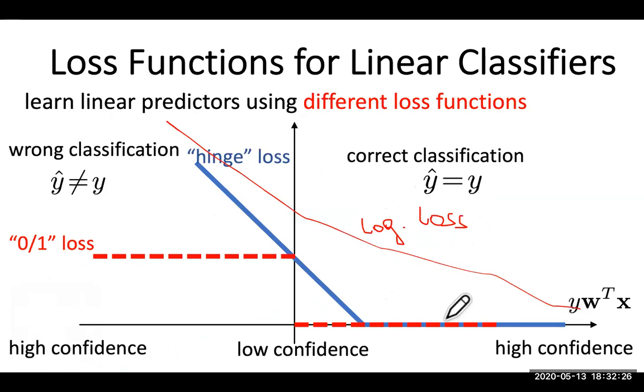Does anybody know or recognize some characteristics of this Hinge loss function that might be relevant or important? What properties does this loss function have? Does it have particular characteristics that are good or bad?